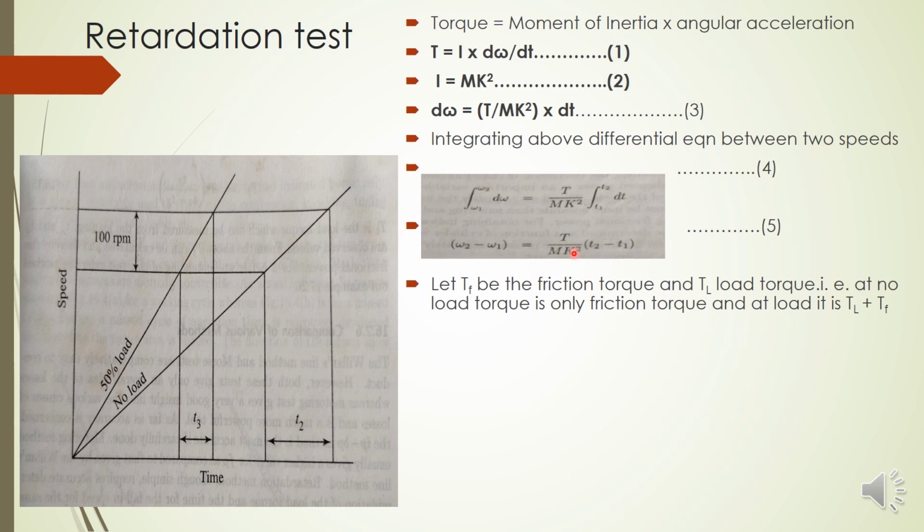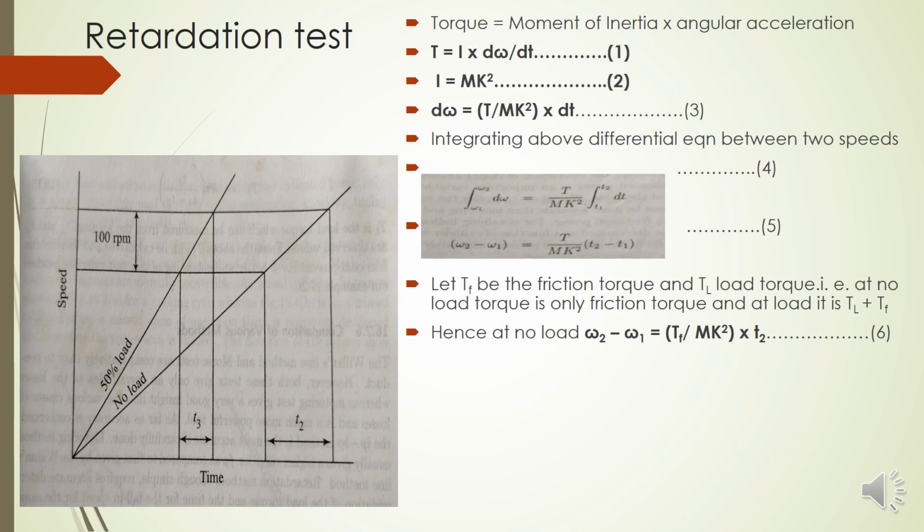So we have to substitute into this equation 5. First take the no load condition. At no load, the torque is only TF, and the time taken, with respect to this figure, in changing speed from omega 2 to omega 1 will be T2. Substituting, we get omega 2 minus omega 1, the speed difference, equals TF by mk square into T2.